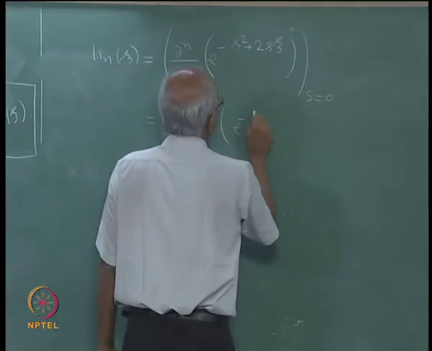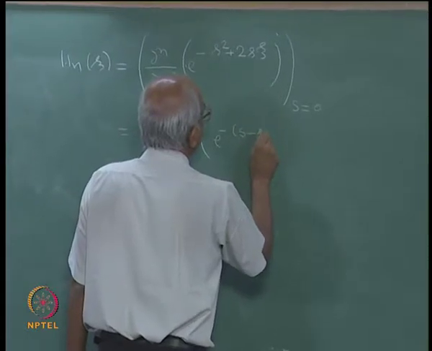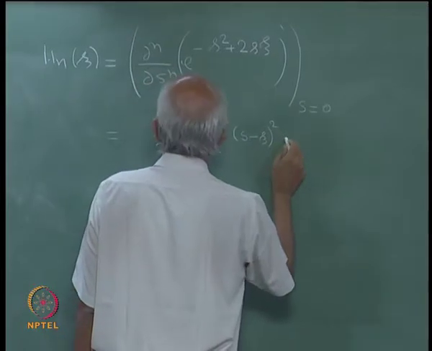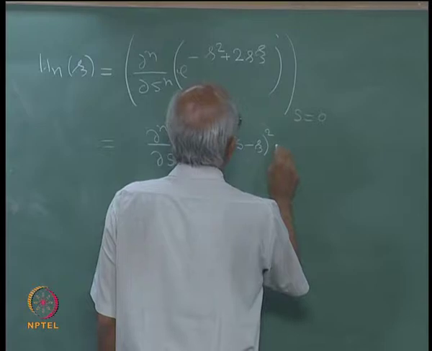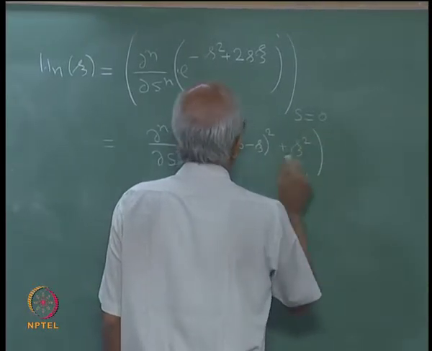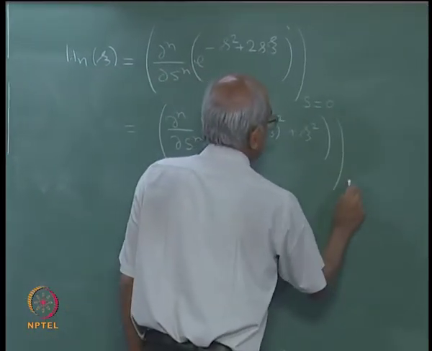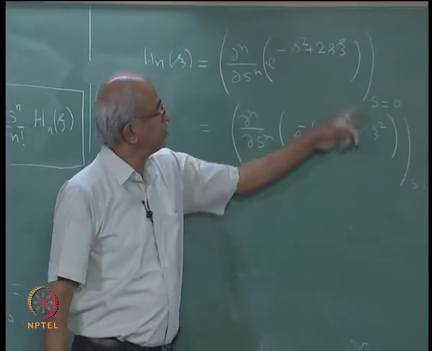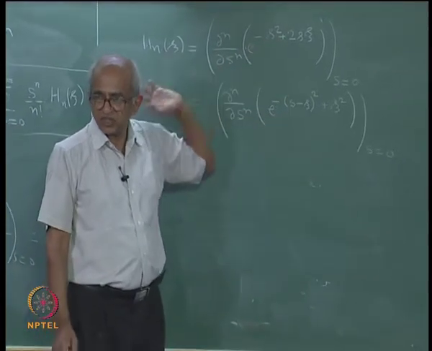This object, I am going to write this as... is that okay? Because if you had expanded this, you are going to just get back that, right. So, that is obvious.